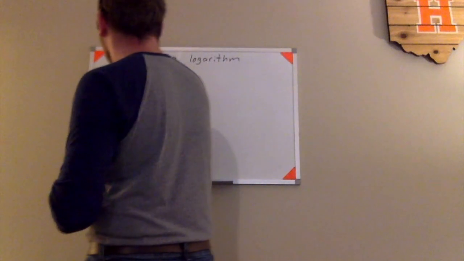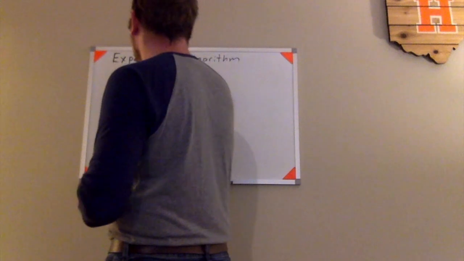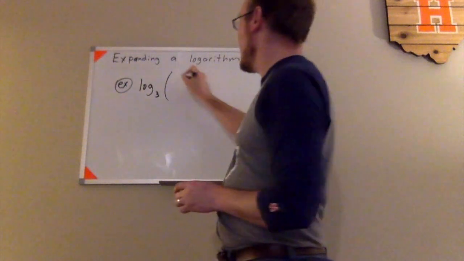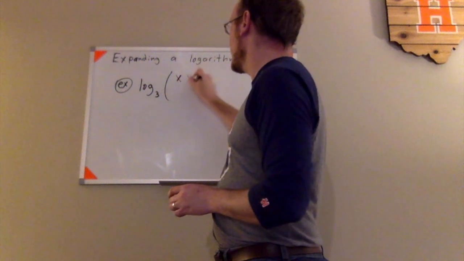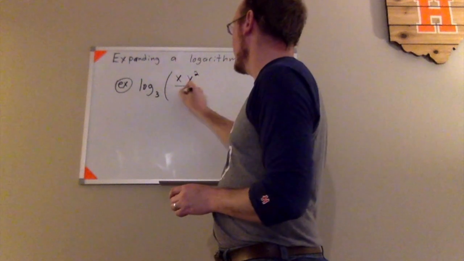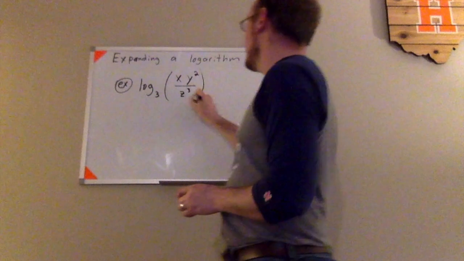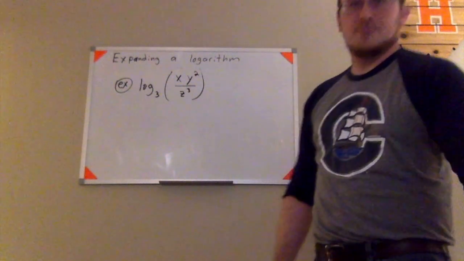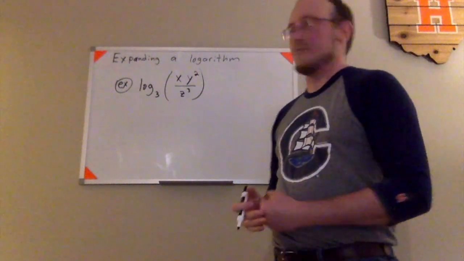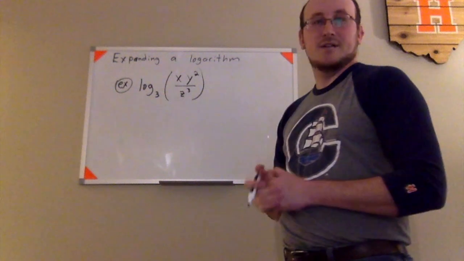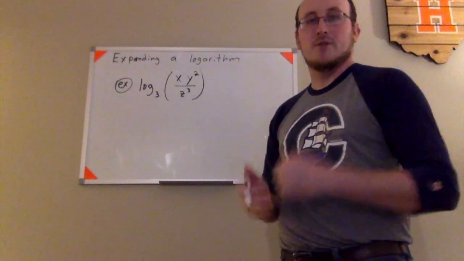So let's say I have this logarithm. Maybe I have the base 3 logarithm of this quotient, x y squared over z cubed, like that. And I want to expand that out into multiple logarithms. So the first thing I look at is that I have a logarithm of a quotient.